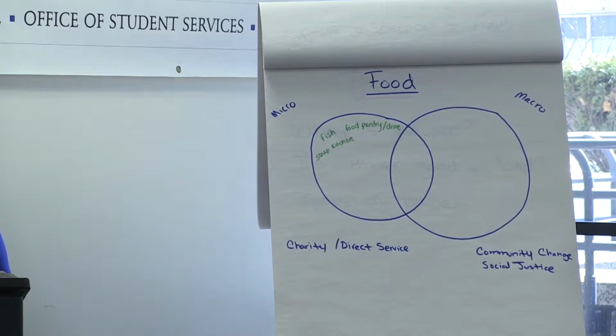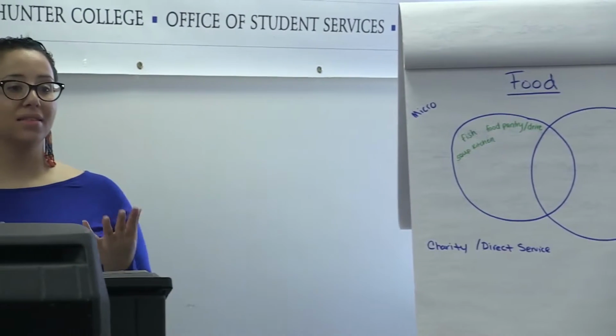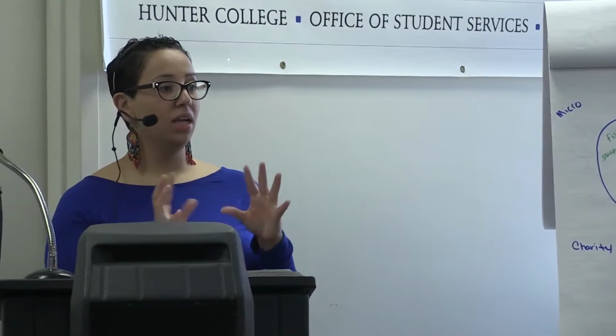Direct service is some kind of system that is in place in order for people to get benefits. Charity may be a one-time deal. Food pantries are a little bit in the middle, because it could be a person organizing at their house or collecting from people in the neighborhood, or a box outside where people just give one-time charity. Direct service is some kind of system or organization in place to give benefits. Does that make sense to people?